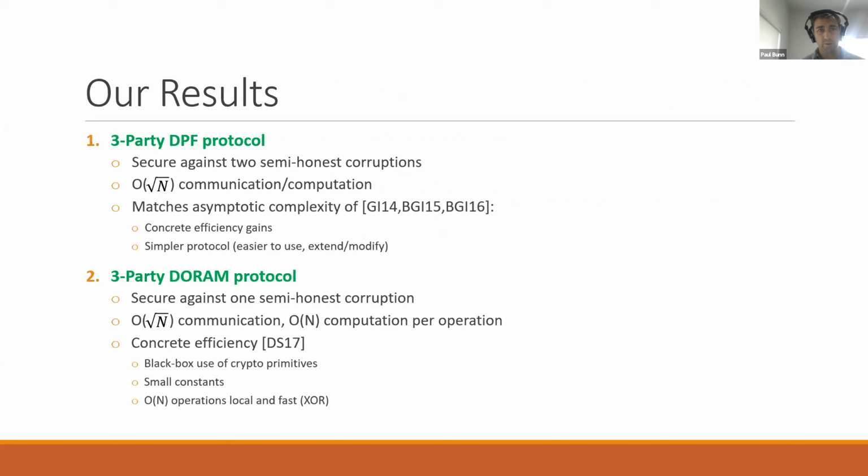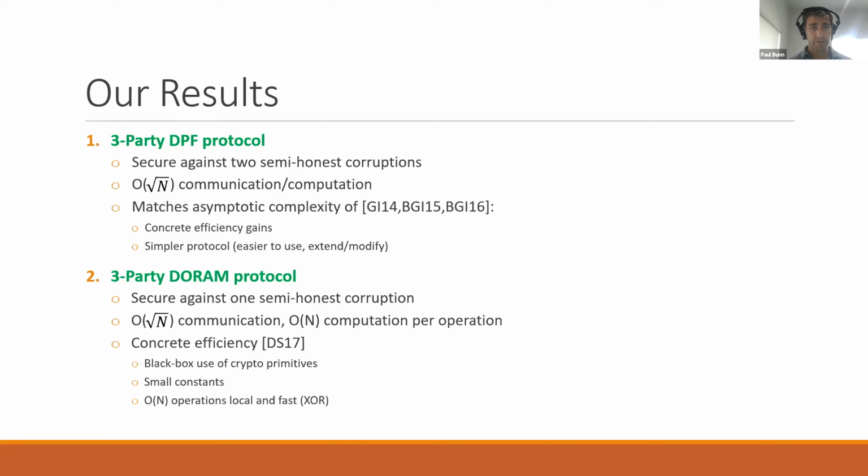So our second result, we use this generic transformation of DPF into ORAM in the three-party case, and we build the distributed client based directly on our three-party DPF protocol, and from that we get a three-party DORAM protocol. So if you notice, the top protocol was secure against 2 semi-honest corruptions.